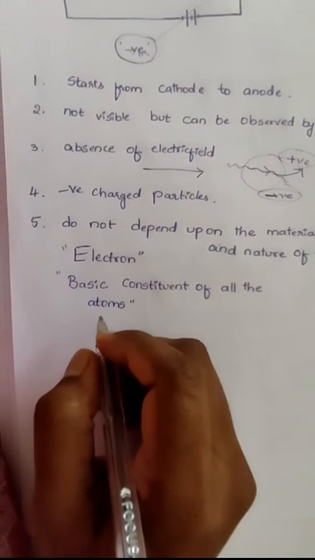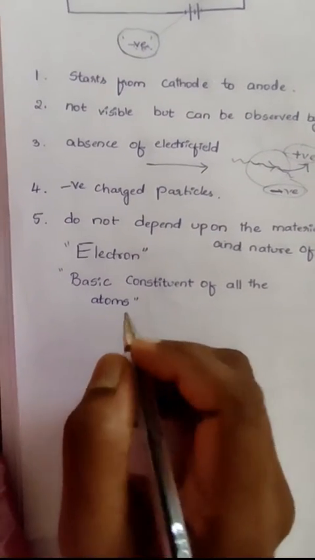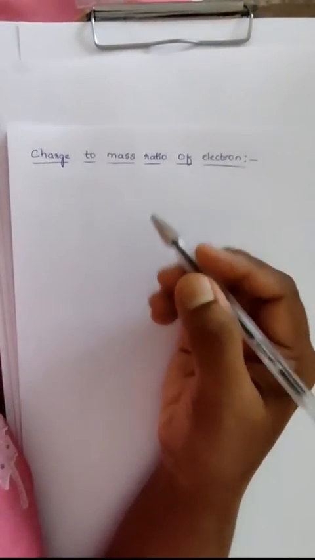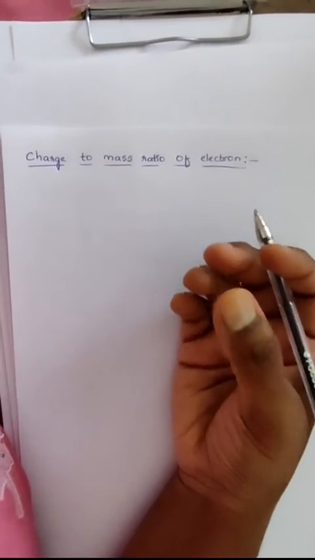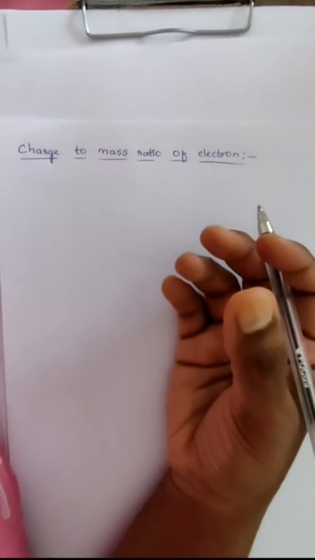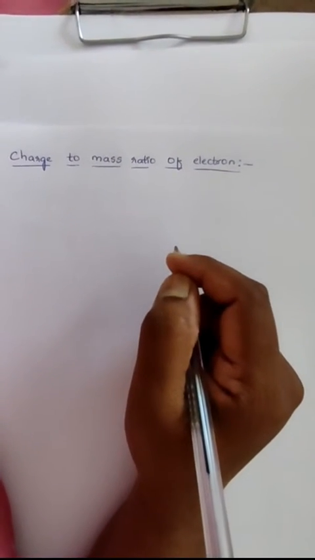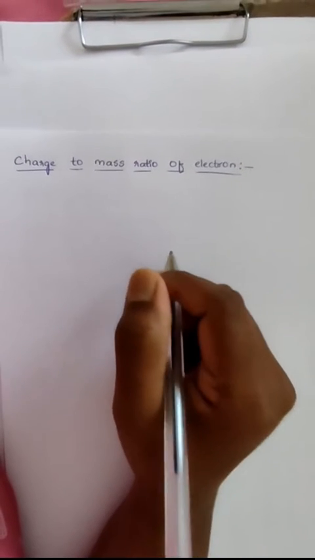Next one, charge to mass ratio of the electron. Scientists discovered there is a subatomic particle called the electron, which is negatively charged, present in the atom.